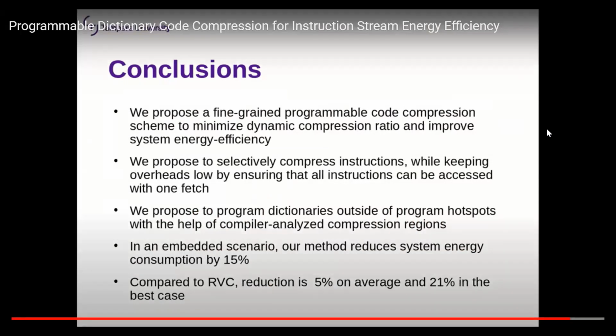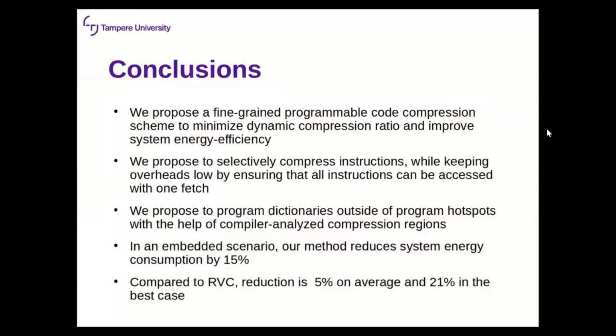We also propose to program dictionaries outside of program hotspots with the help of our compiler analysis. In an embedded scenario, our method reduces system energy consumption by 15%. Compared to the RISC-V compressed extension, the reduction in system energy consumption is 5% on average and 21% in the best case. Thank you for your attention.